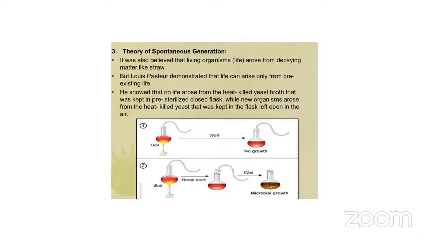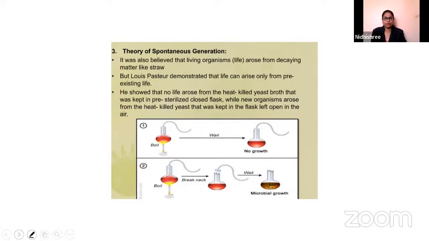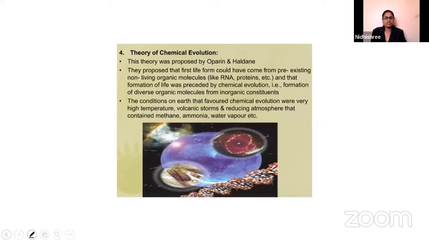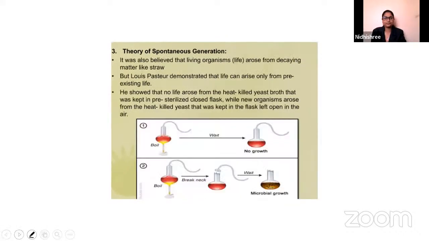He showed that no life arose from the killed yeast broth that was kept in a pre-sterilized closed flask, while new organisms arose from the killed yeast broth that was kept in the flask left open in the air. Okay, thank you, Lohit. So this was demonstrated by Louis Pasteur.